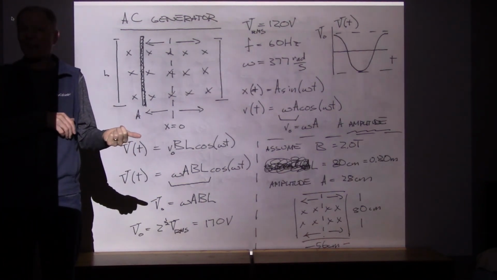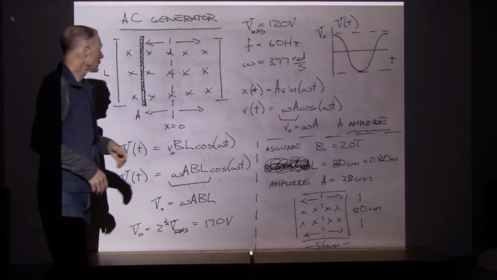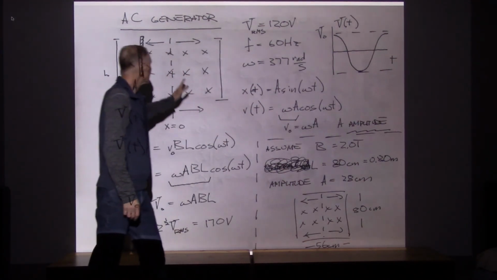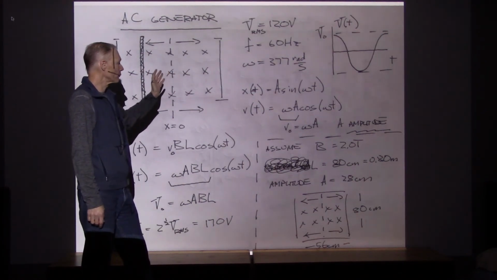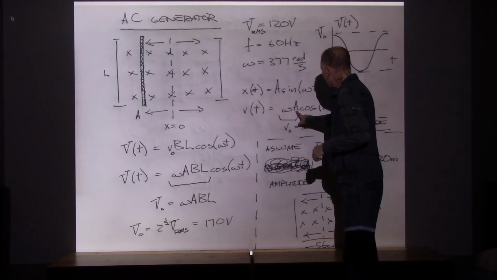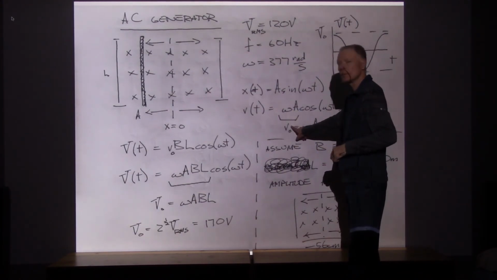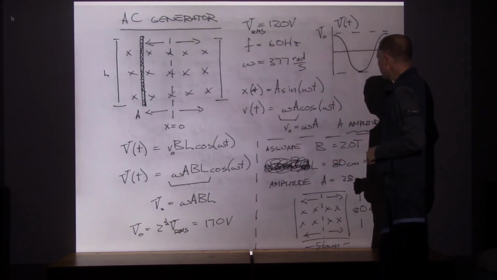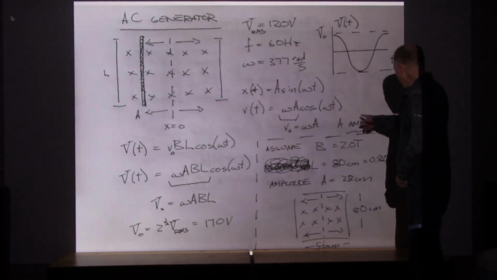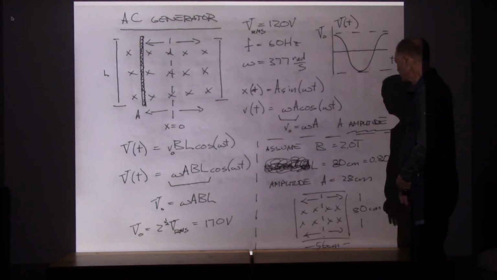So we're kind of back in oscillatory motion, looking at equations for displacement and for velocity of the bar as it's going back and forth. Now, the omega times A, that is my peak velocity. So the peak velocity is given by omega times A, where A is the amplitude of the oscillations.